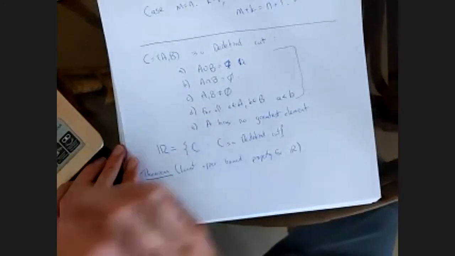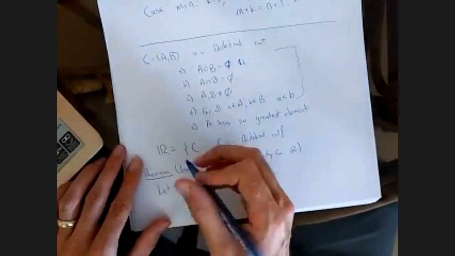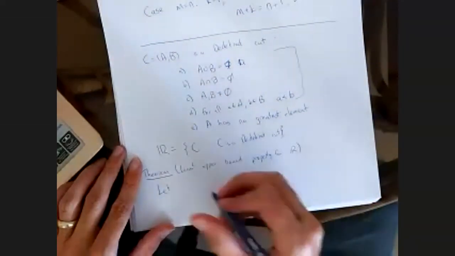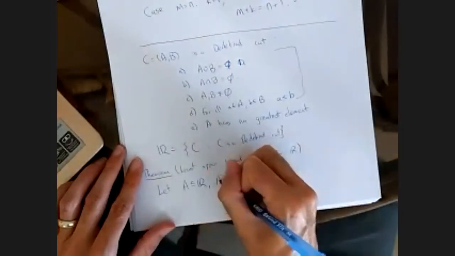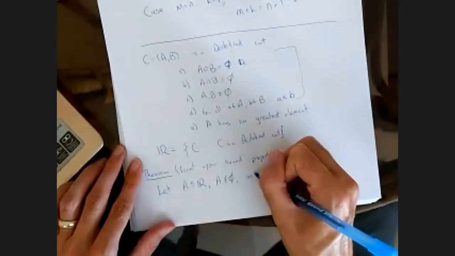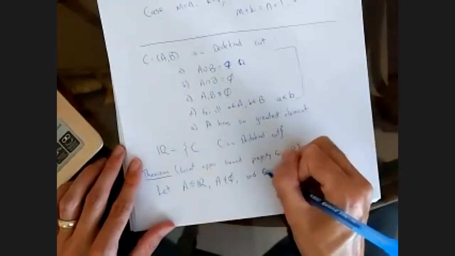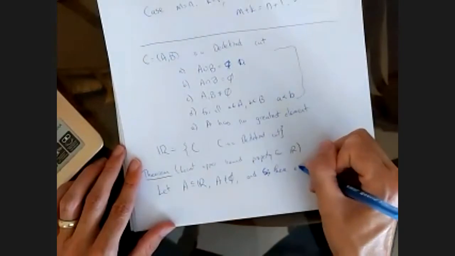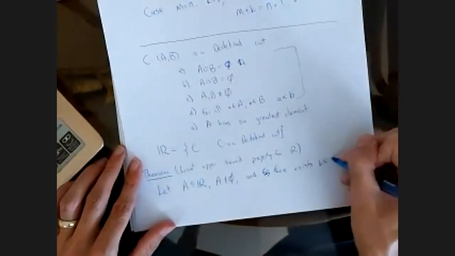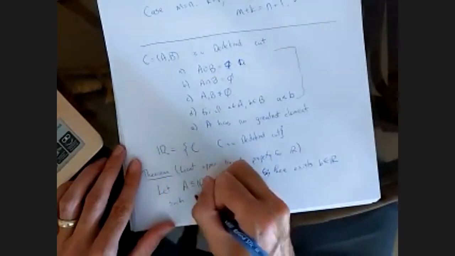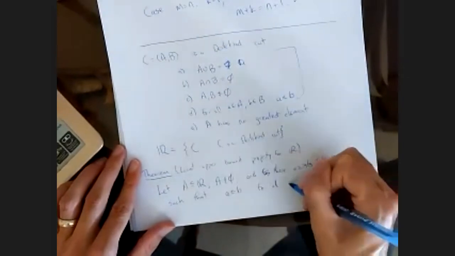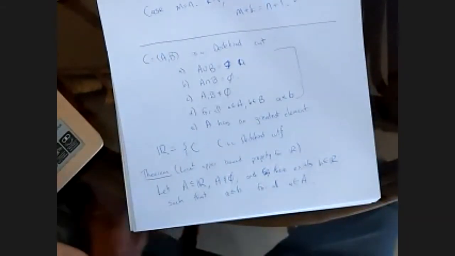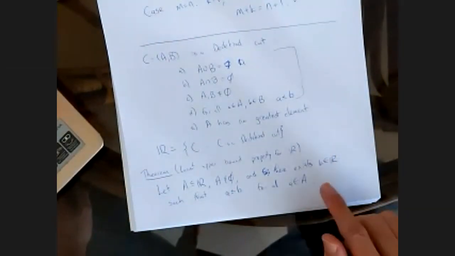So let's say we have a subset A of R that's non-empty, and there exists b in R such that a is less than or equal to b for all a in A. So all that means is that the set A is a non-empty upper bounded subset of the real numbers.